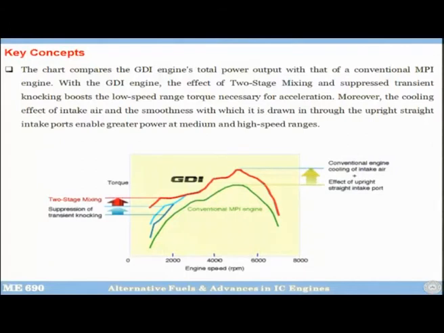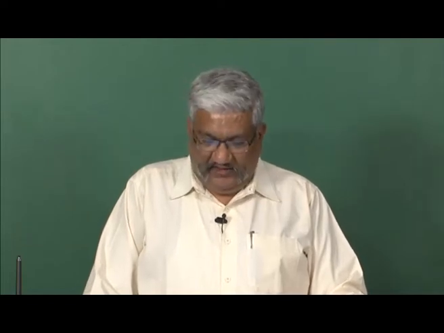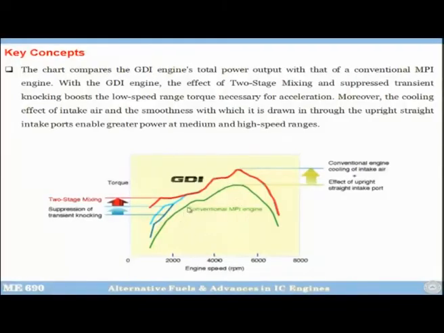When you just start the bike and put it in first gear, it gives you a hell of a power. So the GDI engine is definitely going to be much more powerful than the conventional MPFI engine, not only in the initial stages but also at high speed.